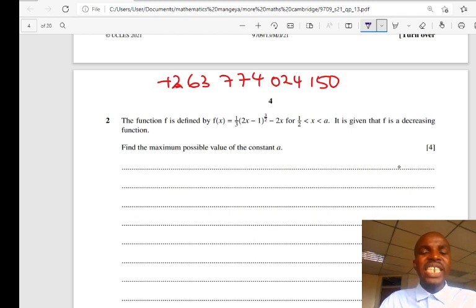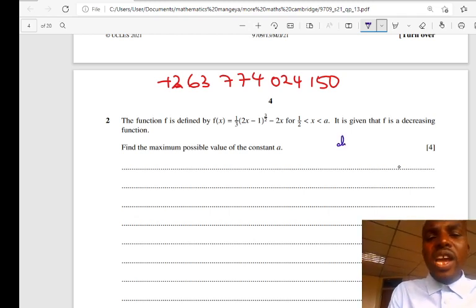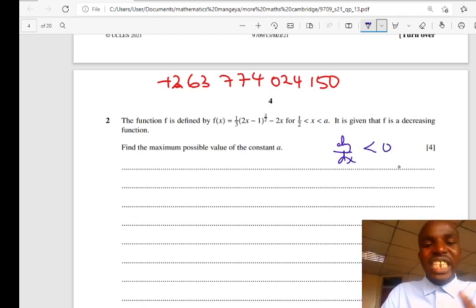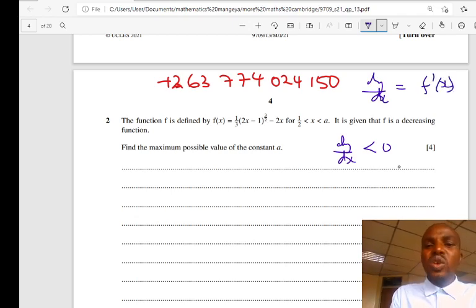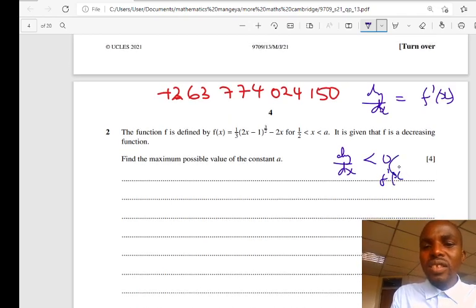Right, so this one is the decreasing function. For a decreasing function, we know that dy over dx is supposed to be less than 0. It's negative, right? So dy over dx is negative. Remember, dy over dx is the same as the first derivative, f prime of x. So it means f prime of x is less than 0.